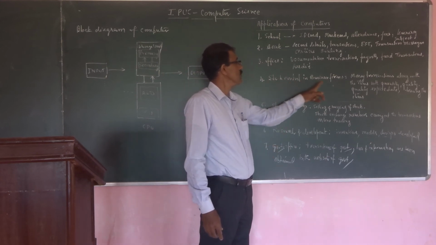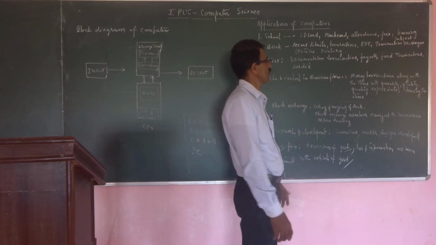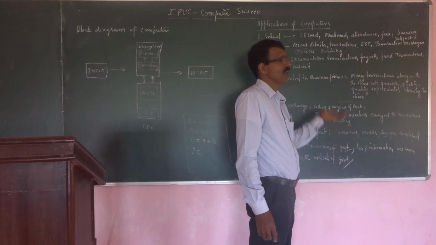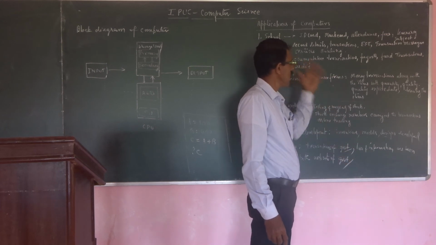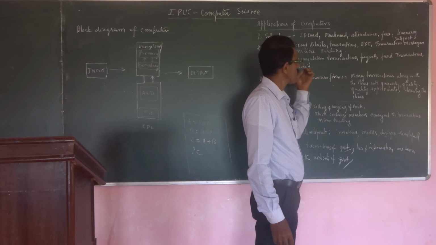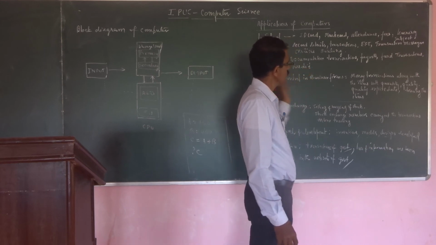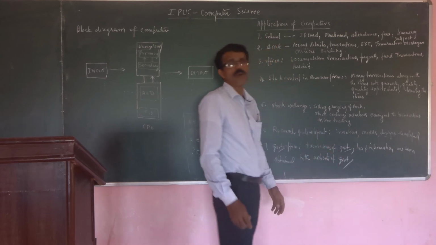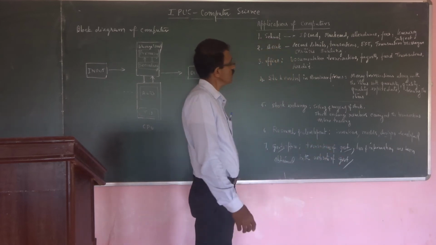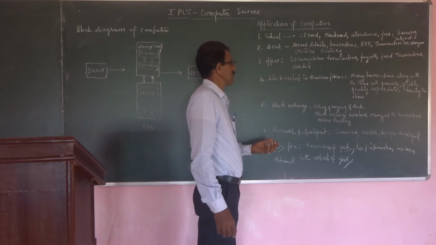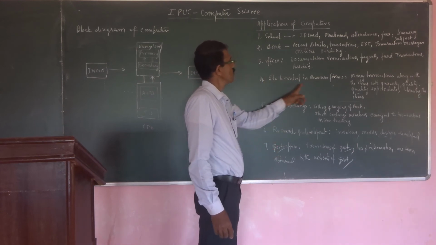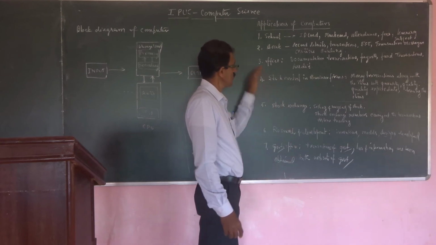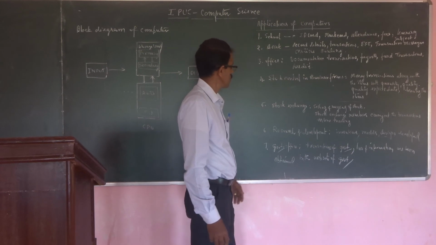Stock control in business firms: many transactions involving items with quality, quantity, and expiry date, and tracing item prices and some other things, you can get or activate electronically through computers. So computers can be used for stock control in business firms; it is also an application, area or scope.